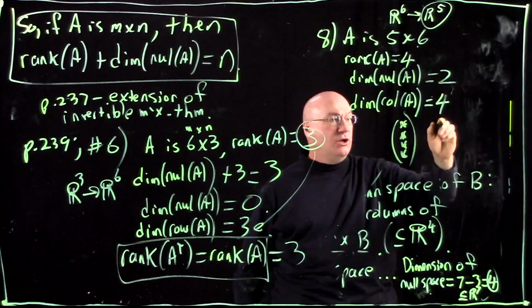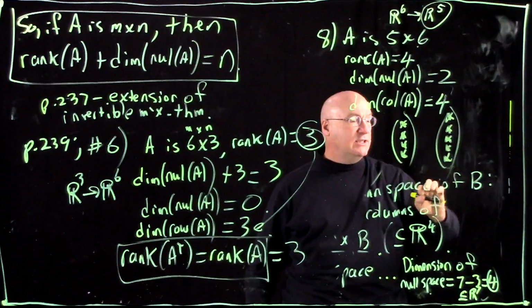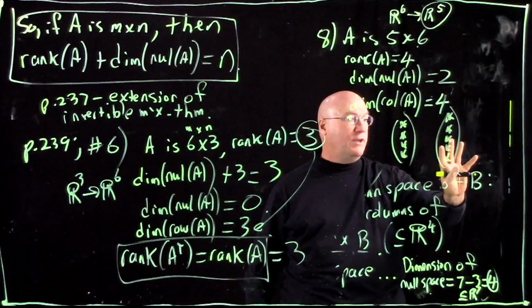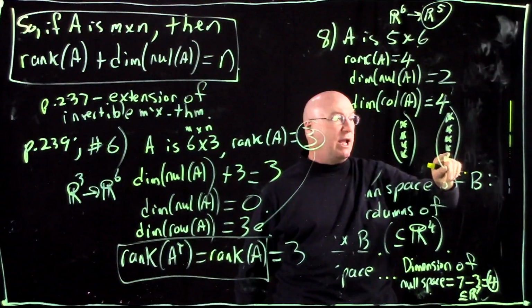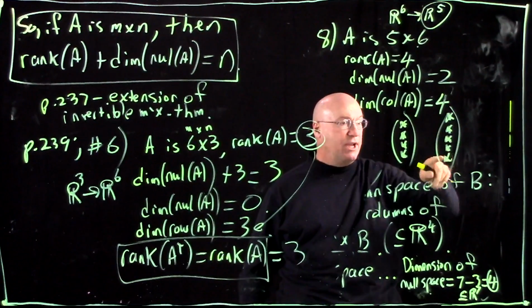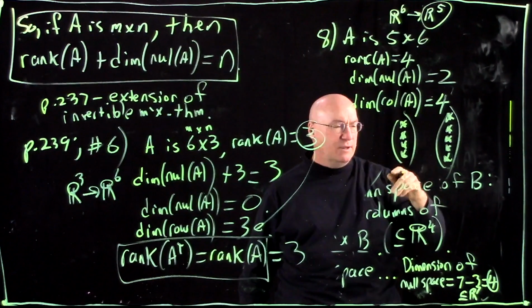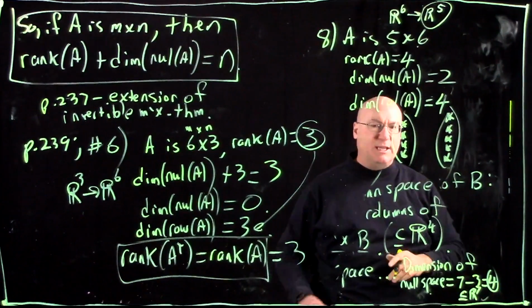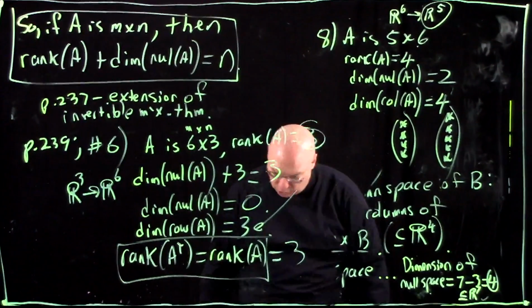In R5, you're going to get vectors with 5 entries. Only 4 of them are needed to span the range of multiplication by A. Only 4 are in the basis for the column space of A, but it's not the same as R4, correct? Those of you who have had more algebra would know we could say it's isomorphic to R4, but it's not the same thing as R4. So the answer is no.